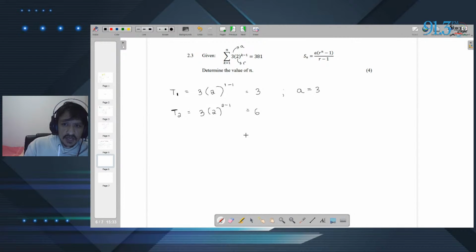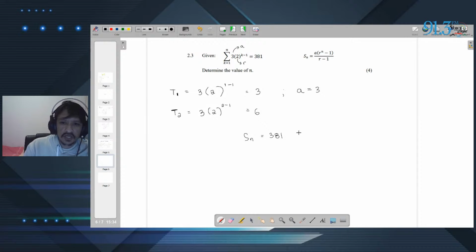So we have Sn, right? And we know Sn is some value, and it's equal to 381. That's what they tell us. So when you see summation notation, know that this is also the same equation that you can use for this. This just helps you derive certain values, A and R, which are very important. N is an unknown. That's what we're trying to find.